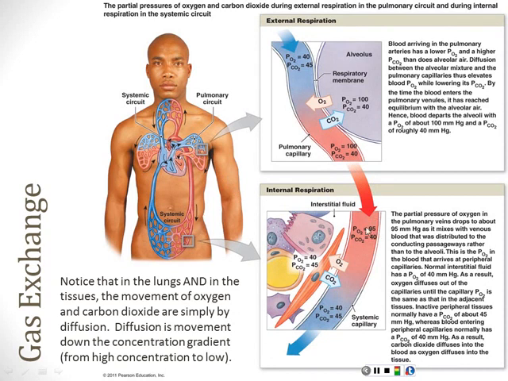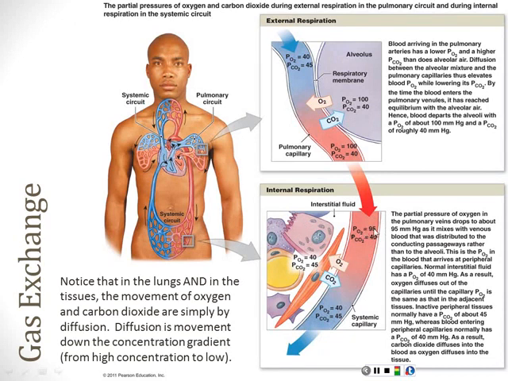Well, the oxygen is a little different, and that's because as blood moves through the body, it is always giving up a little oxygen. So the longer its journey, the lower the oxygen level will be when it finally arrives. But if we look at the tissues, the PO2 of the tissues is very low, 40, and the PCO2 is high, 45.